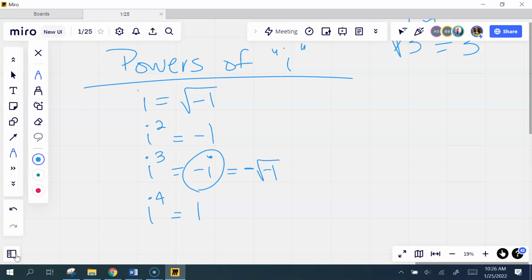How about i to the fifth? So I'm at 1 and I'm multiplying by another i. Close. Not -1, but the square root of -1. It's the same thing as i.